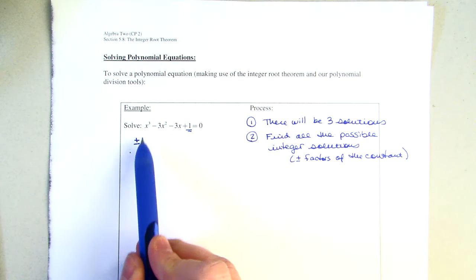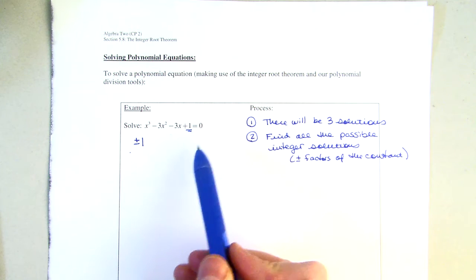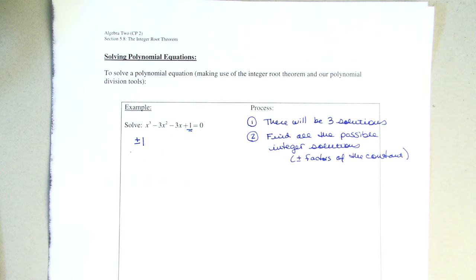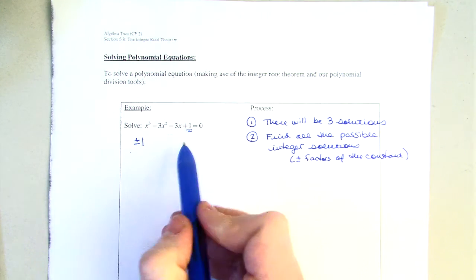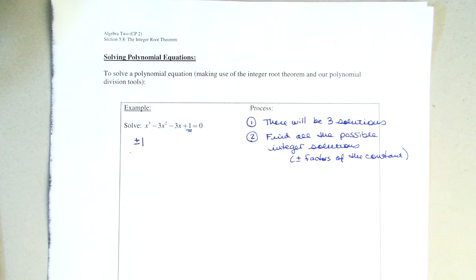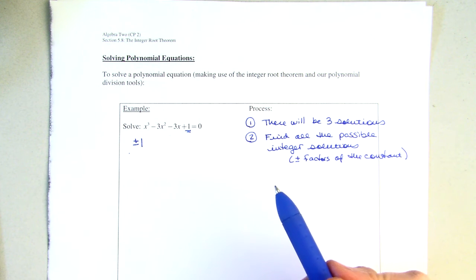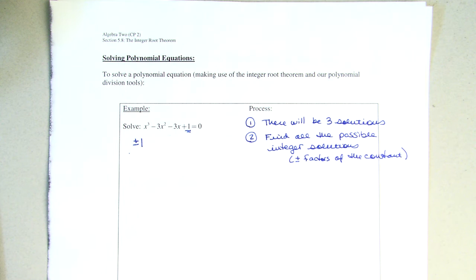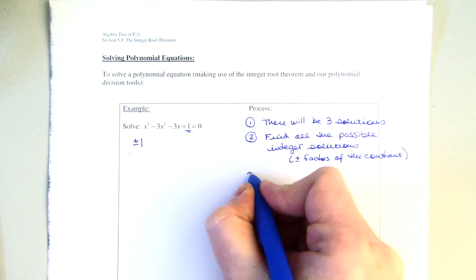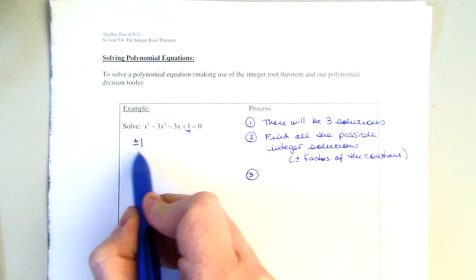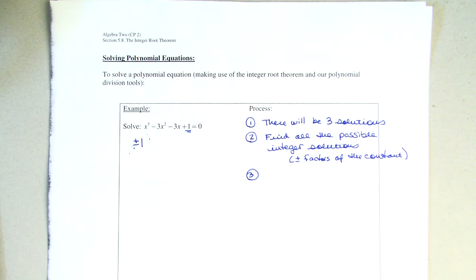I could certainly go and plug in 1, see if it makes it equal 0, or plug in -1, see if it makes things equal to 0. But if I have a whole lot of possibilities, that's going to take a really long time. I could also use synthetic substitution to plug these in and see if I get a 0 remainder, but that's also going to take a while if I have a lot of options. What we're going to do to figure out if any of these are actual solutions is go back to section 5.5 where we looked at solving by graphing.